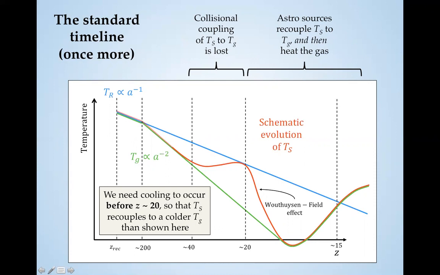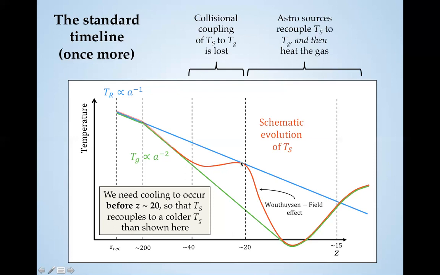At redshifts above 200 or so, the hydrogen gas is thermally coupled to the CMB, but after that point, it just cools adiabatically. So T sub g is dropping like 1/a squared. And initially, the spin temperature, T sub s, follows T sub g, due to collisions between hydrogen atoms. But after z of about 40, collisional coupling becomes inefficient and T sub s returns to T sub r.